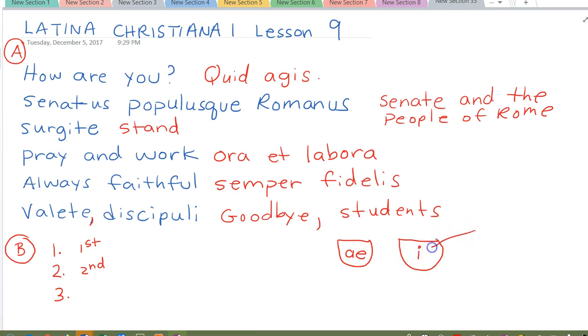Into this pocket went the masculines, and those are the oos, ooses, and the neuters, who are the ums. So in the nominative, we might have an oos, that's the first blank, and we might have an um. The ooses are the masculines, and the ums are the neuters. And both of them hang out in this E pocket.